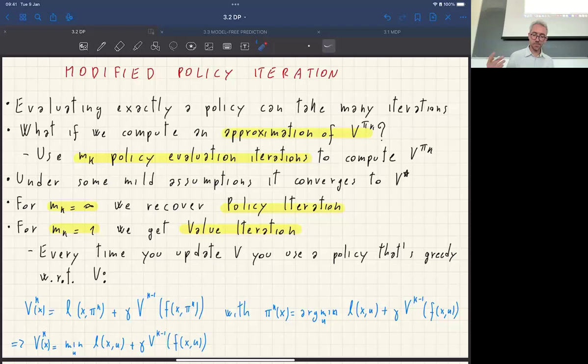So you can see these two algorithms, policy iteration and value iteration, as actually two special cases of this more general algorithm, which is called modified policy iteration, which performs m_k iterations of policy evaluation. So if m_k is equal to infinity, then you recover policy iteration. If m_k is equal to 1, you get value iteration. And if instead m_k is something in between 1 and infinity, well, you get something in between these two extremes.